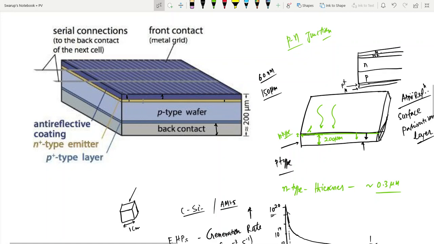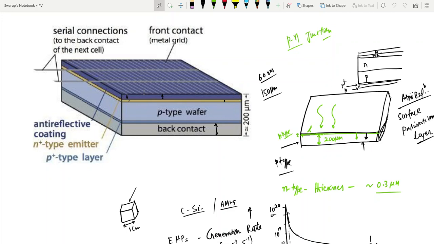Depending on the metal and semiconductor work function, this Schottky barrier height can be tuned towards ohmic. We want ohmic here. But if you go for N plus or highly doped N type, then we can reduce the junction barrier height significantly. So it will be more ohmic in nature, or less resistive.